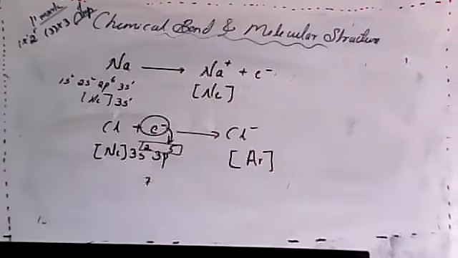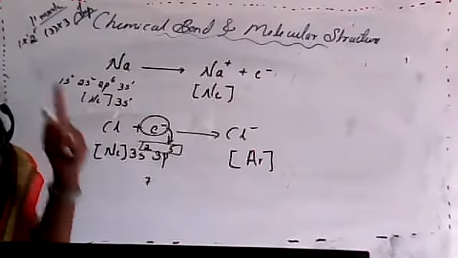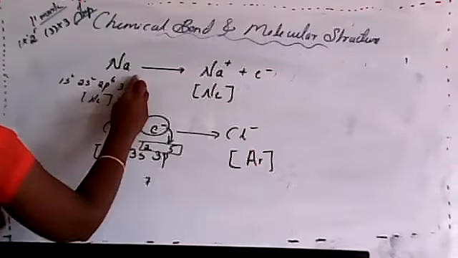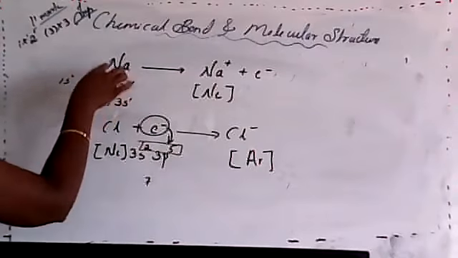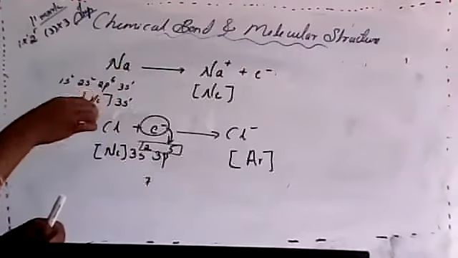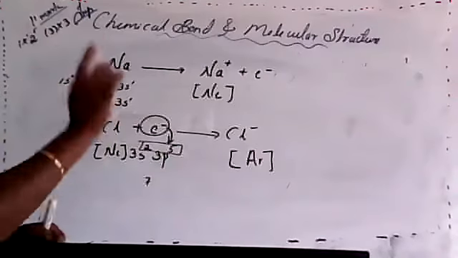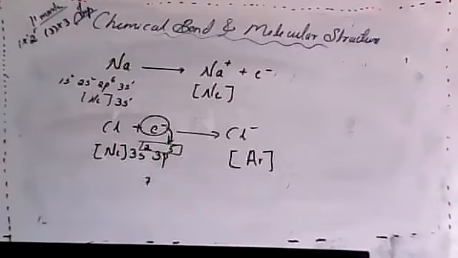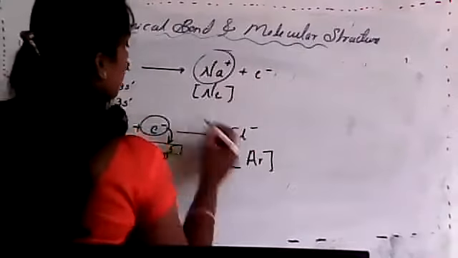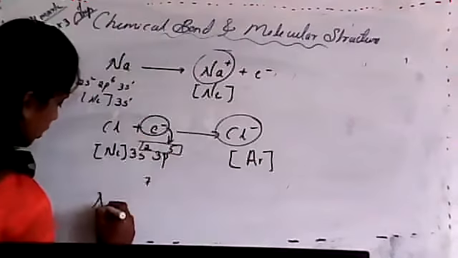So that's why you have to think over it. Addition of 7 electrons is more difficult in the case of sodium, but removing 1 electron is easier. Now just check out, students, here is a positive and here is a negative ion.